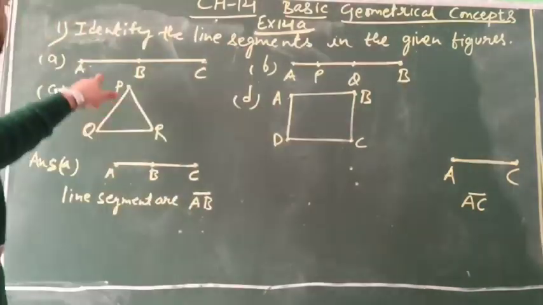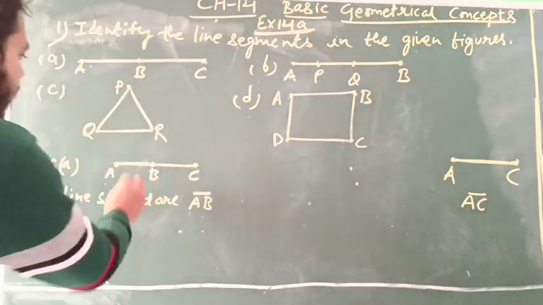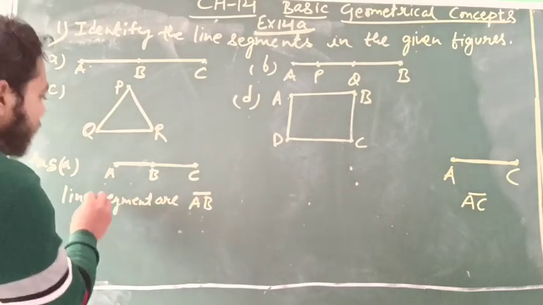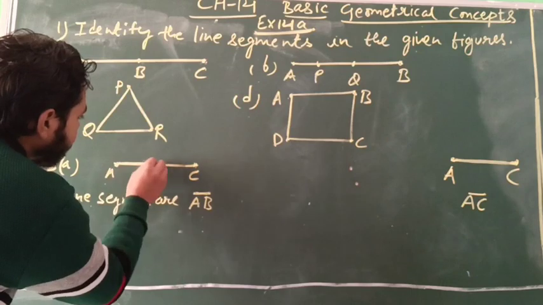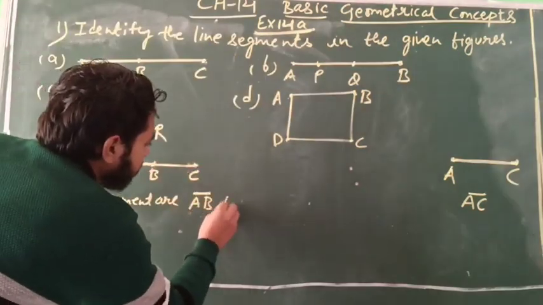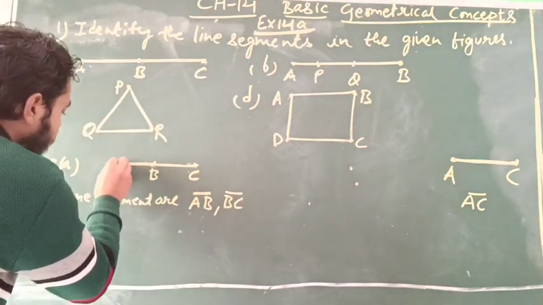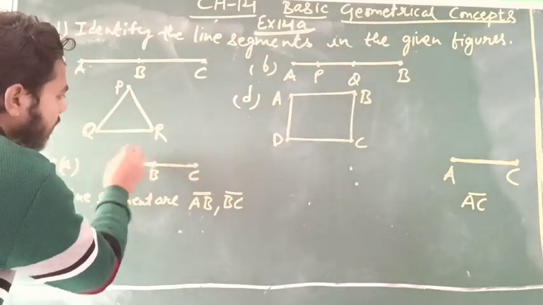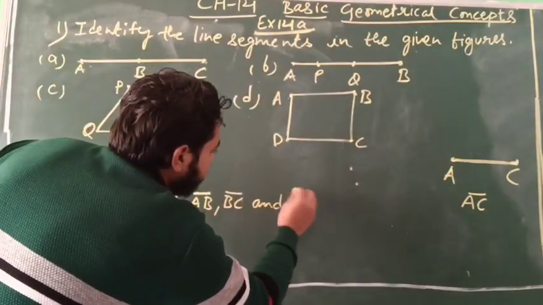So here you see the figure ABC. I have drawn that figure, and we have to write all the line segments. The line segments are AB, you see that is a line segment AB, another line segment BC, and when you join these 2 points A and C, you get another line segment, so that is the third line segment AC.